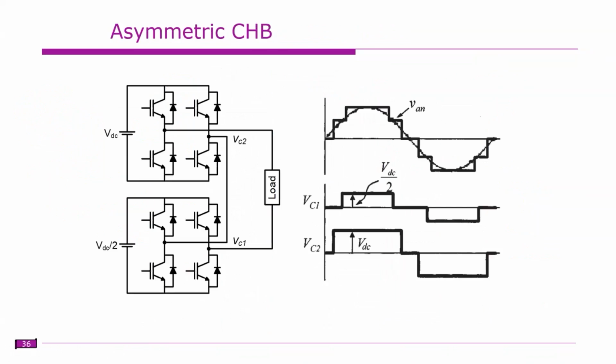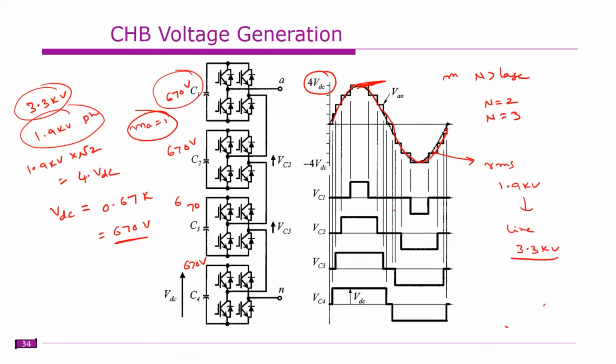So this is n equal to 2, for example. It is not a close approximation to a sine wave when compared to a larger n value. So in this case, the error will be slightly higher when compared to the case where the n value is large.